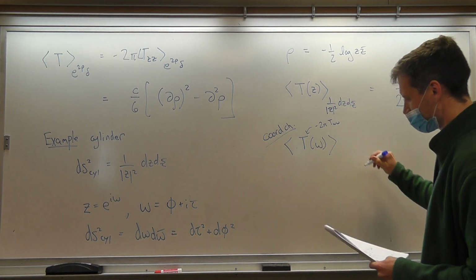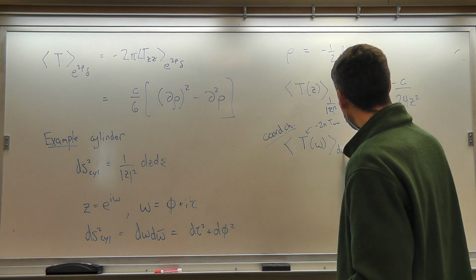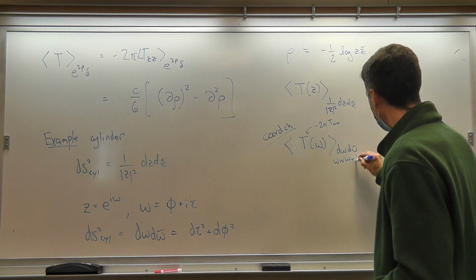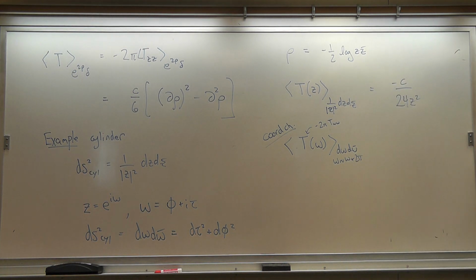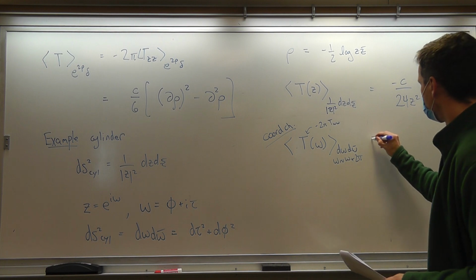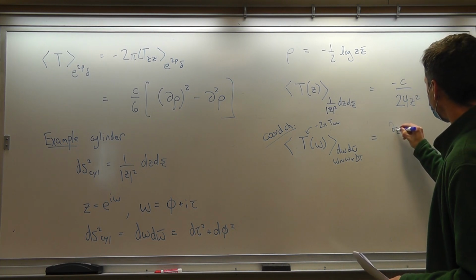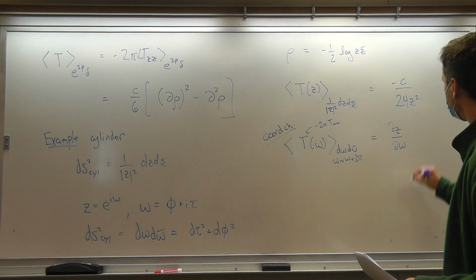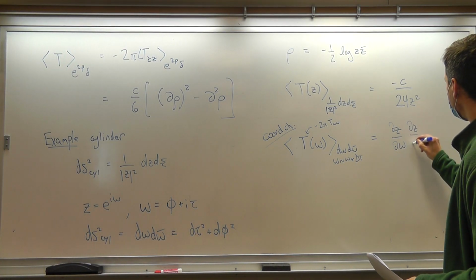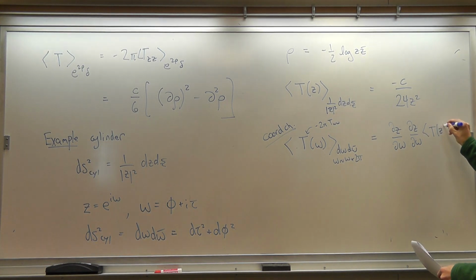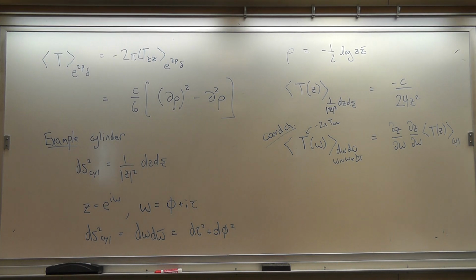Okay, so T of w in the cylinder metric, which is dw dw bar, w identified mod 2 pi, is just given by a coordinate change. So this is the usual tensor transformation, dz/dw, dz/dw, T of z in the same cylinder metric.